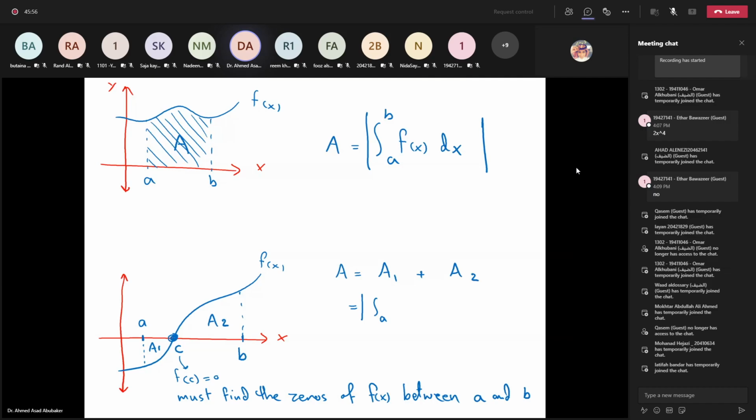But if C is outside A and B, for example, maybe A here, B here, and the curve like this, we have a zero but it is outside the interval from A to B. So this is no two regions, this is one region, because the zero is outside the interval A, B. If we have the zeros between A and B, we have two parts, A1 and from C to B of f of x dx, like this. Okay.